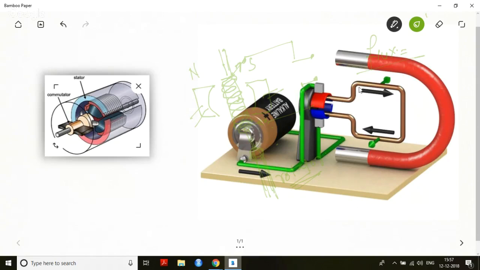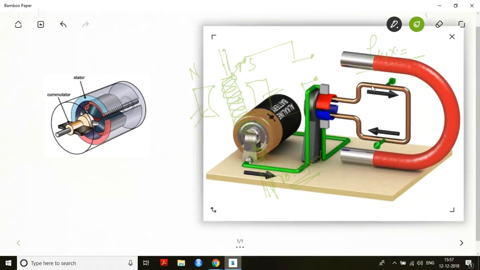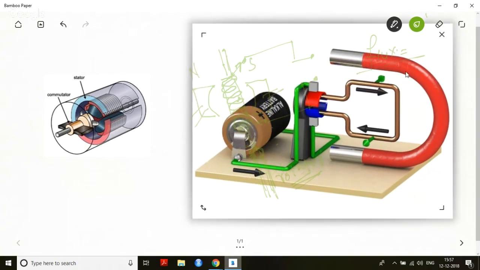So current is flowing from A to B, B to C, C to D, and likewise. What happens is, because there is a current carrying conductor, and see what has been kept over here.